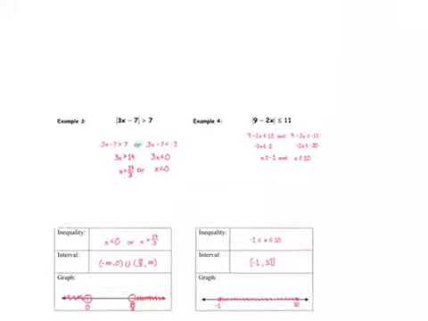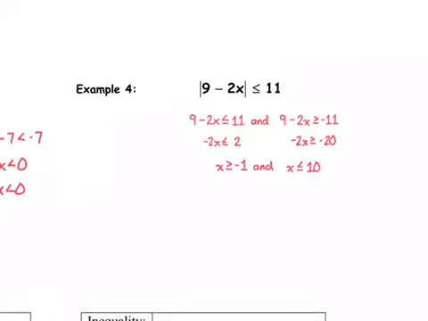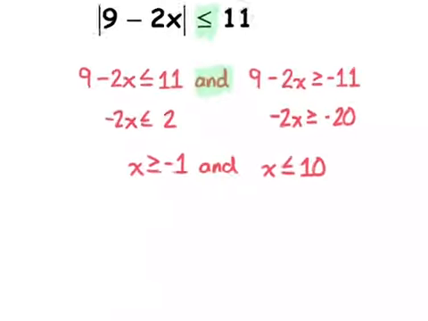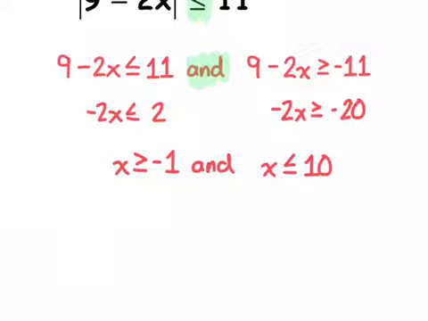Going up to example 4, I see this less than, so I choose the "and," then I go ahead and work those 2 problems again, remembering to switch the one on the right, which has the -11. Now this problem adds a little more detail, because when I get to that step with the -2x and I'm dividing by -2, you'll notice that the inequality flips again here and again here.